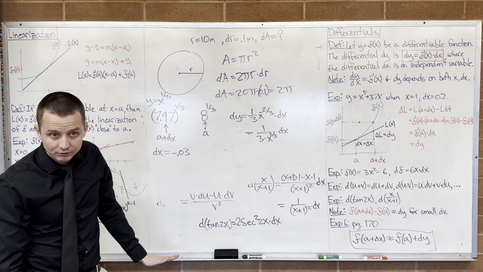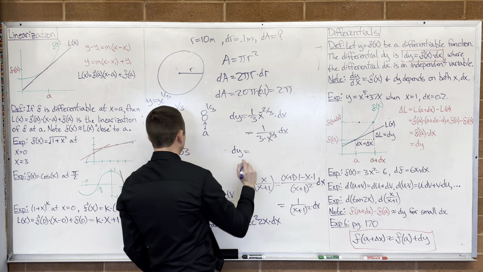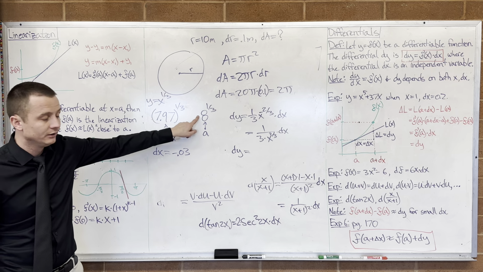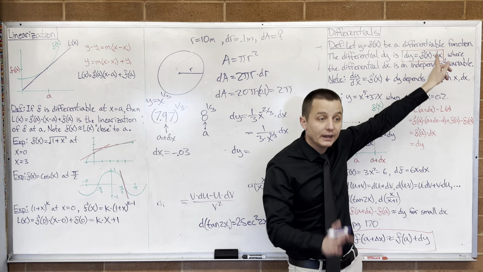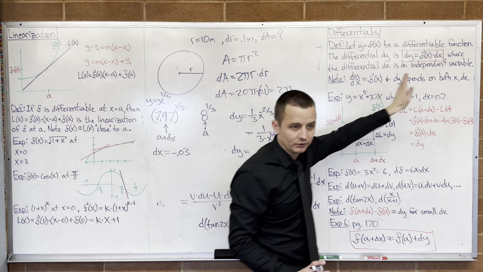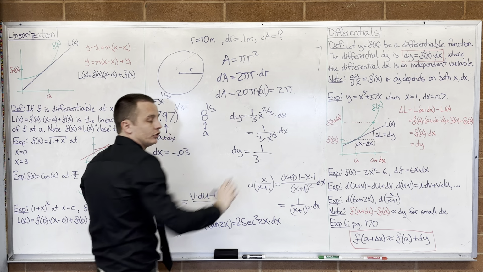So our dy in our concrete case, the x that we care about is 8. So this is going to be 1 over 3 times, what's 8 to the 2/3?